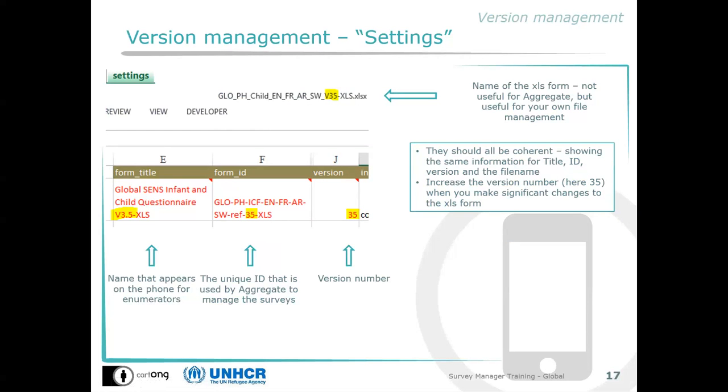Like for instance, the Excel file that you are using when you're resaving it as your local version does not really matter that much to Aggregate or the system, but it's rather important for your own file management, so that you really know, okay, this is a new version, this is a new sequence.